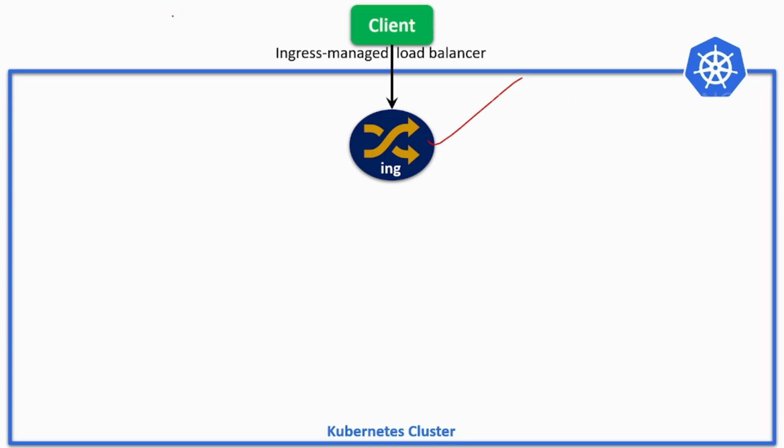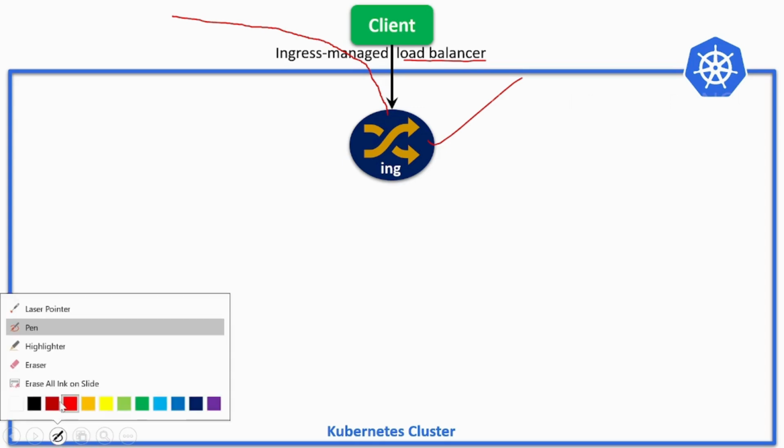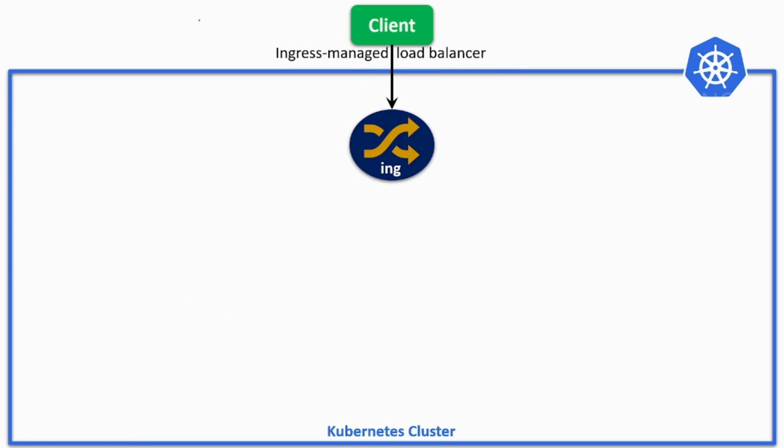The user's request for something within our application enters our cluster via the internet, and we have something like a load balancer in the middle. I will come to this, what is an Ingress managed load balancer. For now, just consider a user request entering the cluster. Somebody should take over the responsibility, and that somebody is the Ingress controller.